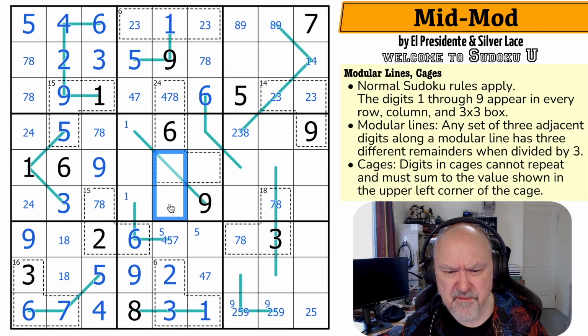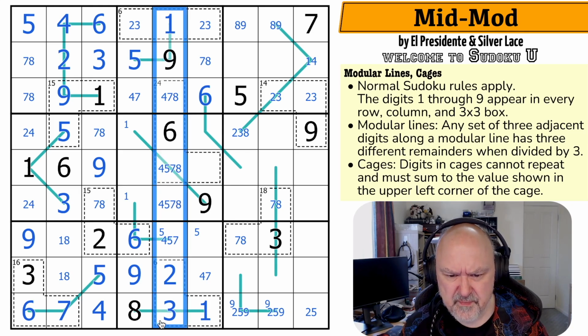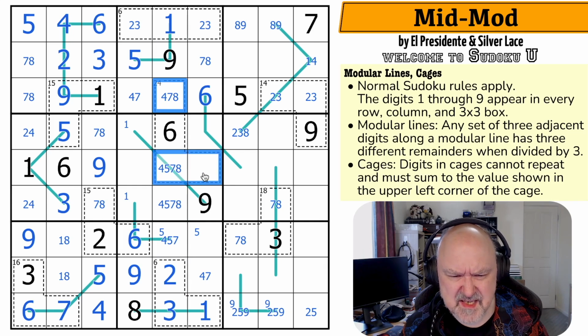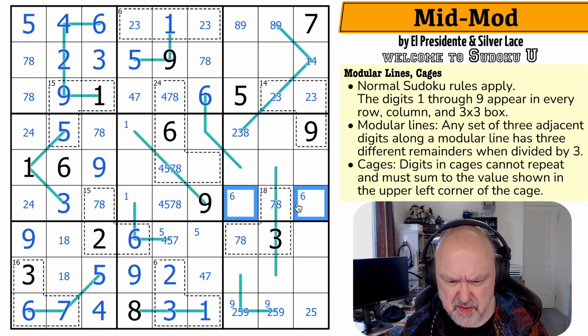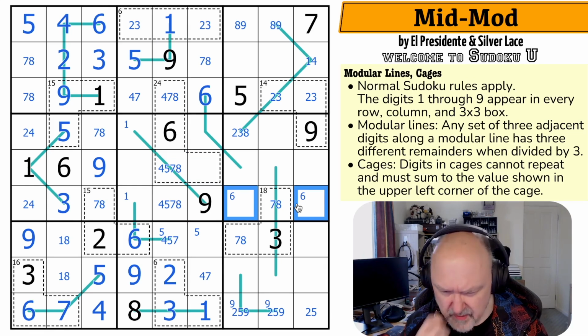So these are 4, 5, 7, and 8. And I'm not seeing any restriction on it. I could case this, but I'd prefer not to have to. 6 is in one of those two by Sudoku. I'm really lost on this one.